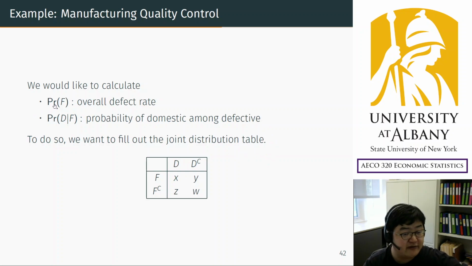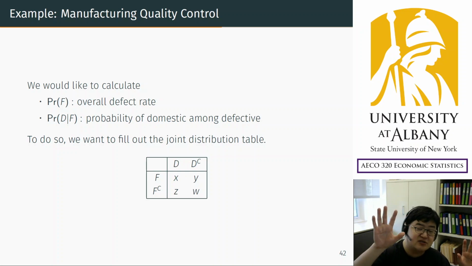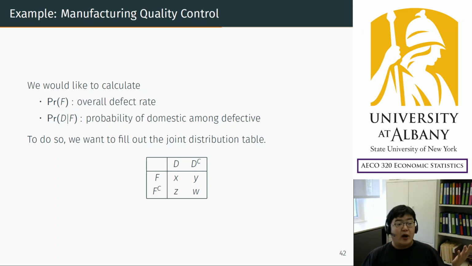What is the overall defect rate? You understand that one supplier has 2% defect, the other has 7% defect. But in the end, what is yours? What is the defect rate for your final product? And also, you may wonder, among the defective batteries, how many of them are domestically supplied? How many of them are imported?